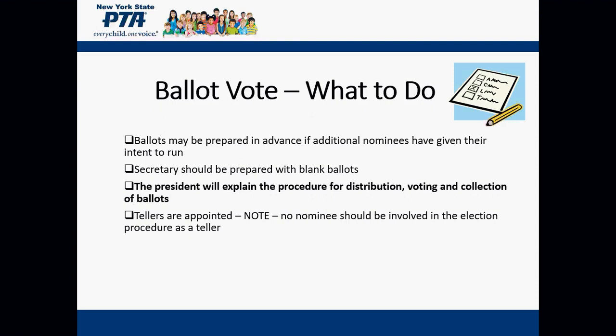The first thing the president will do is explain the procedure for distribution, voting and collection of ballots. They will appoint 2 tellers. Obviously, neither one of the tellers can be a person who's running for office. So the president will say, our 2 tellers are these 2 people.